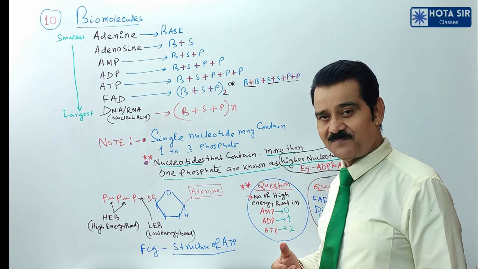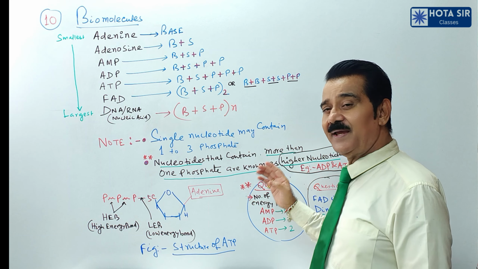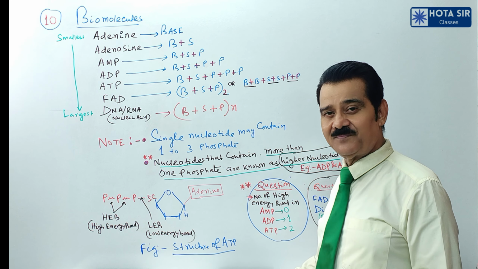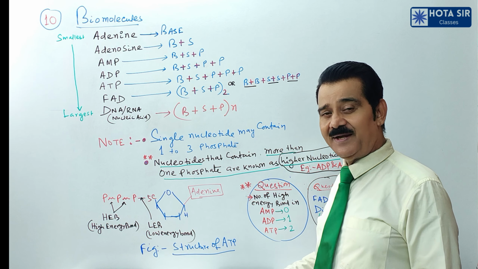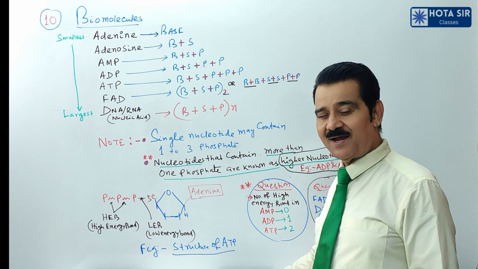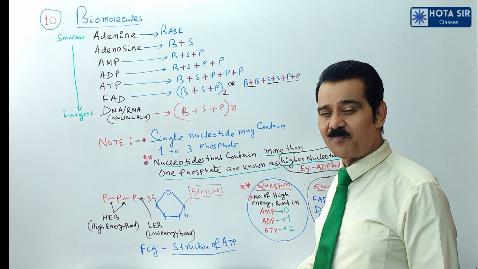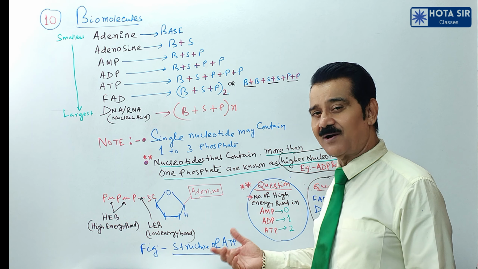Question may be asked. Examples are your ADP and ATP. In ADP there are 2-phosphate and in ATP there are 3-phosphate. So these are the examples of nucleotides of higher order.